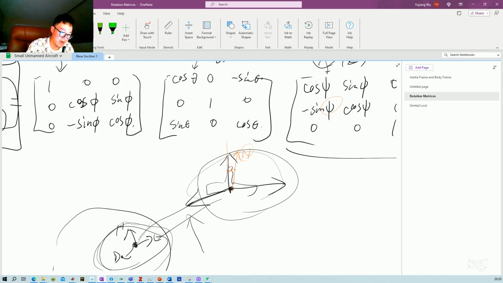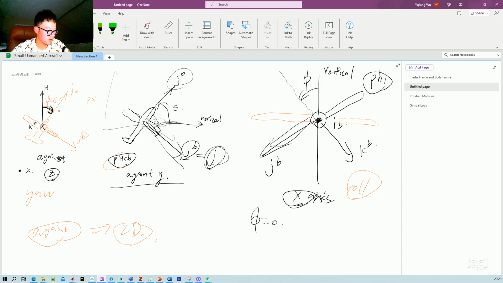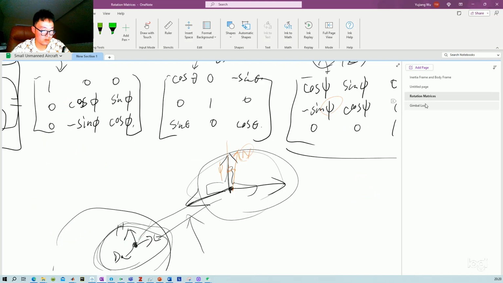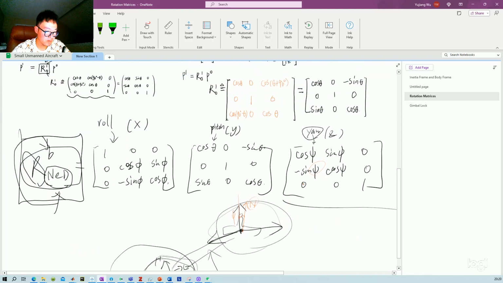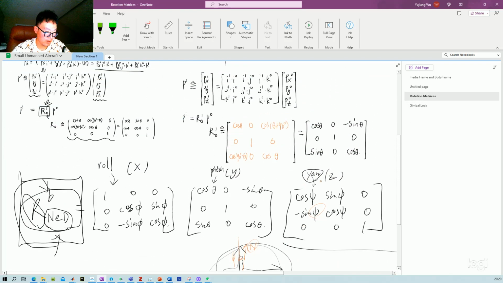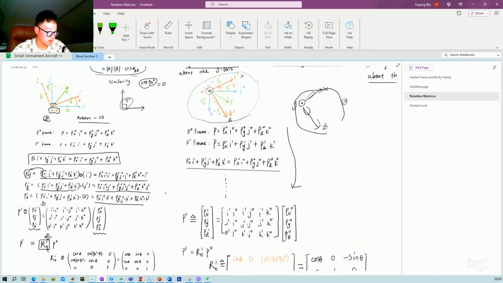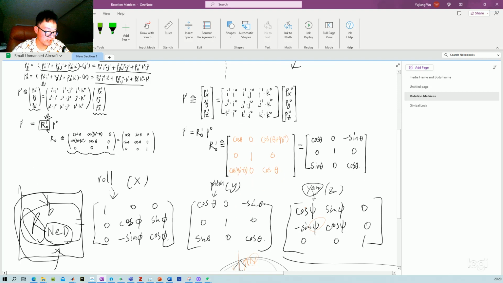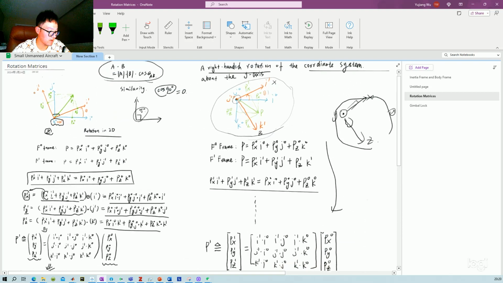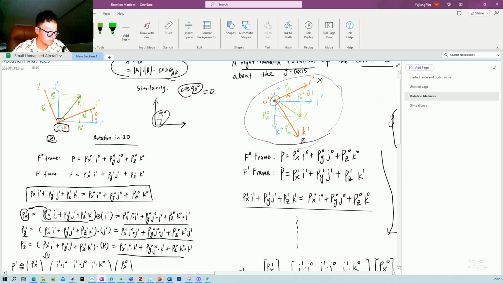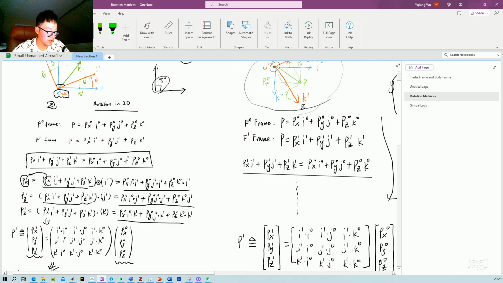That angle is defined as psi on our previous page, the same right-handed rotation.